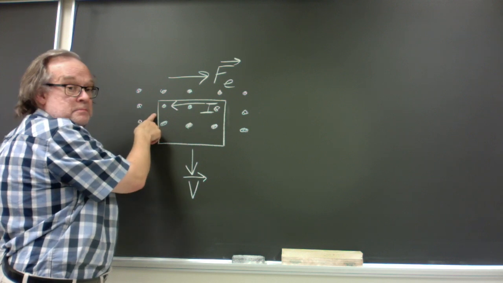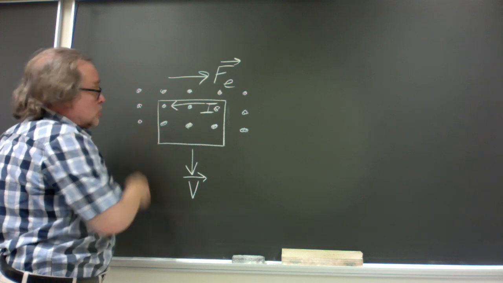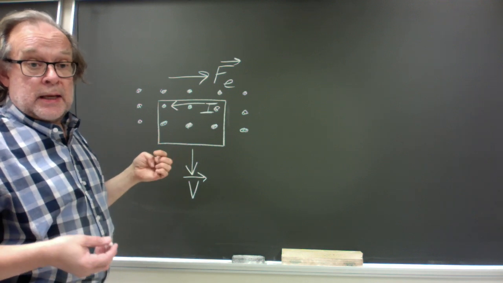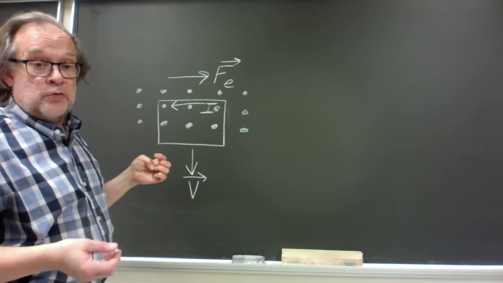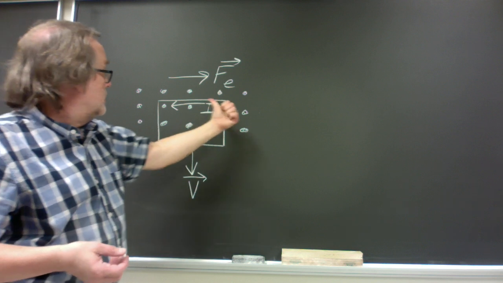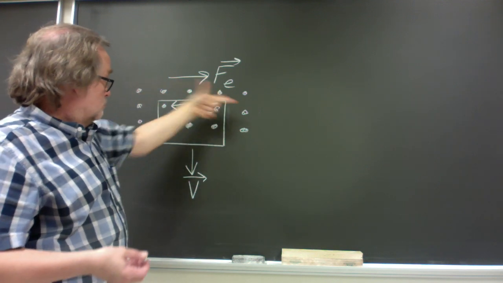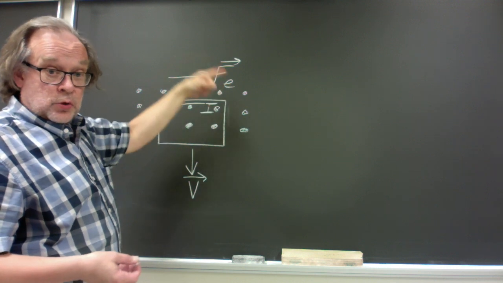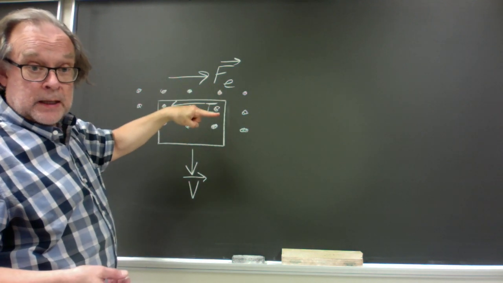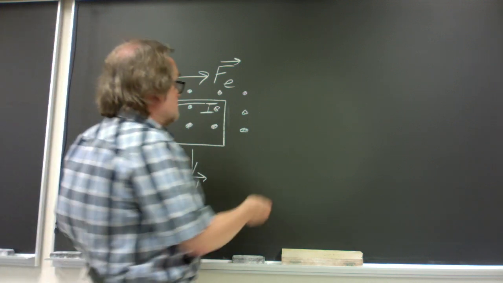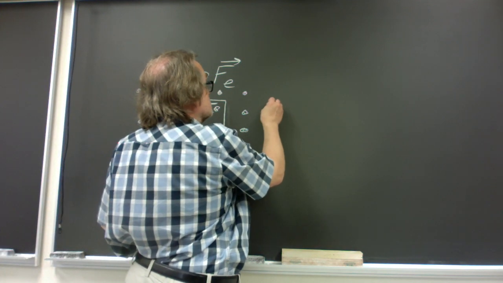And likewise here. So the only place where you can actually get a force and get electrons to move is this way. So electron flow would be clockwise, and the conventional current would be flowing counterclockwise.